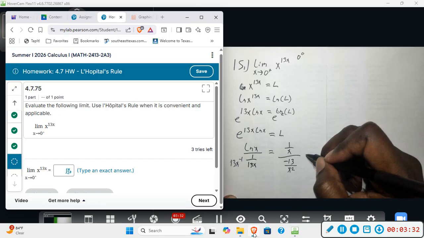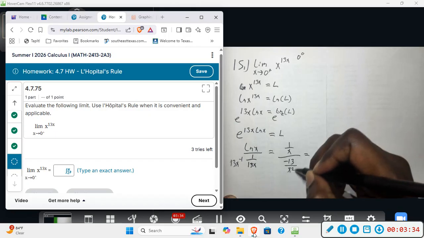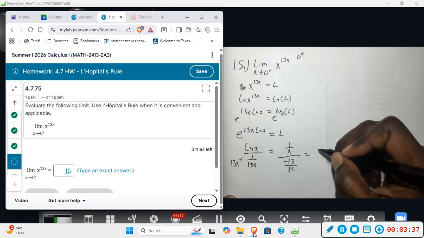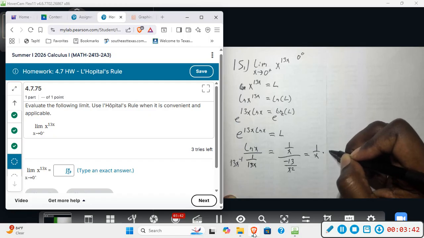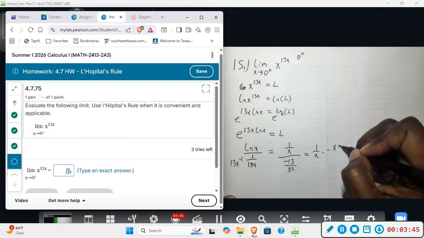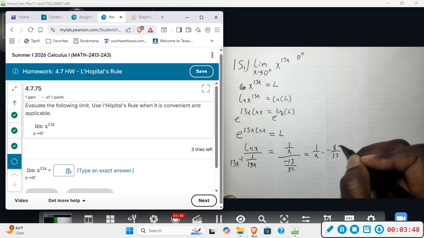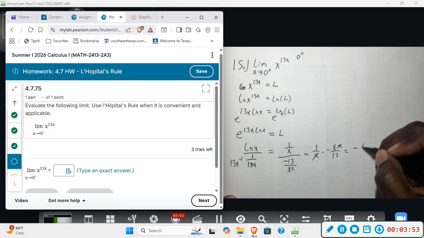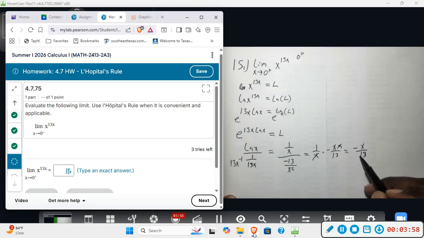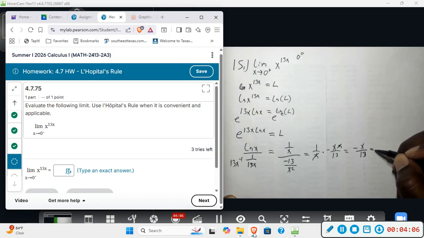If I do some simplifying, keep, change, flip, this will give me 1 over x times negative x squared over 13. The x will divide out, and that will leave me with a negative x over 13. And then from here, if we plug in 0, this will give us 0.